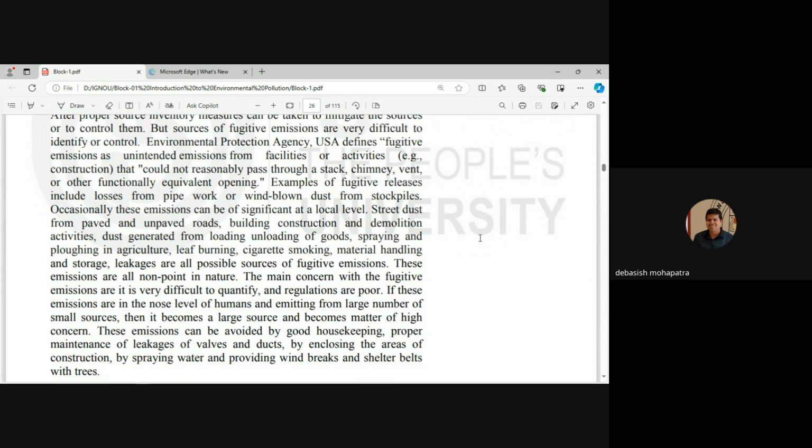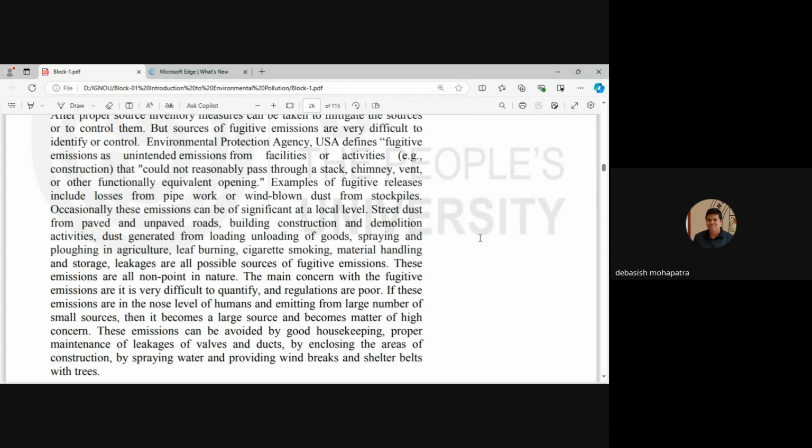The main concern with fugitive emission is that it is very difficult to quantify and regulations are poor. So if these emissions are at the nose level of humans and are emitted from a large number of small sources, then it becomes a large source and a matter of high concern.